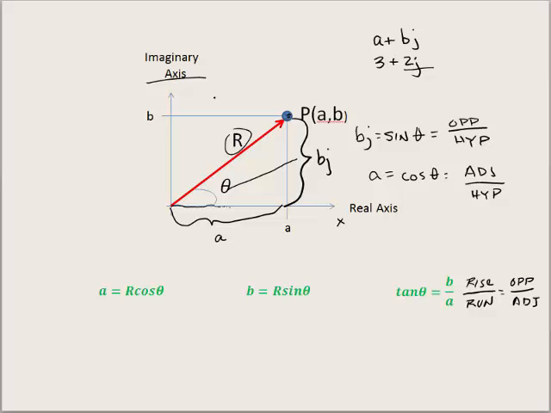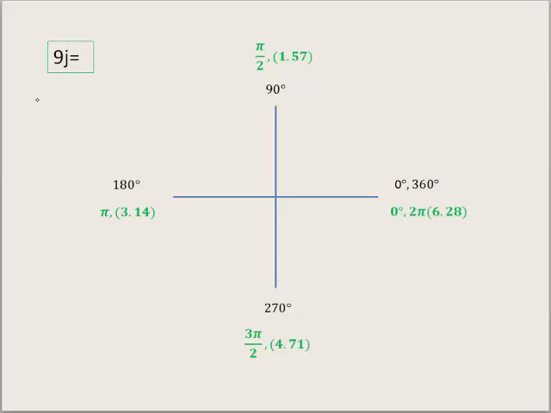Okay, so now you understand where this real axis and where this imaginary axis come through. We're going to do a couple problems showing you exactly what we mean by this strange nomenclature. Okay, so let's get started.